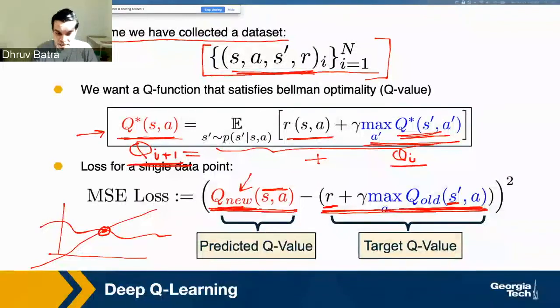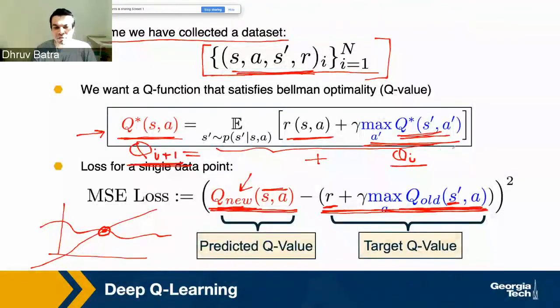This time, on this slide, what we're presenting is an alternative way of doing this: if your Q is a parameterized function in terms of some parameters, then you can just say that, look, what I want at optimality is for the right-hand side to be equal to the left-hand side. And so I'm just going to penalize the squared difference between the right-hand side and the left-hand side. And that's what the MSE loss is doing, right?